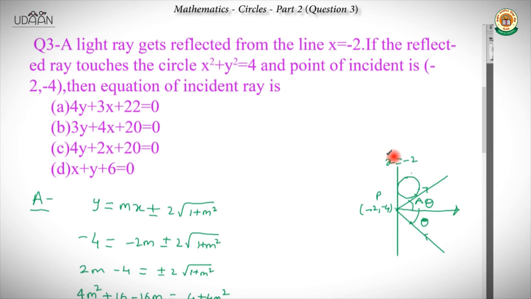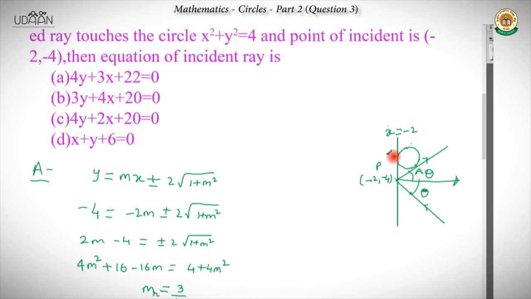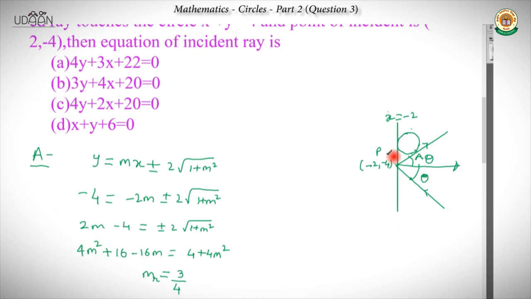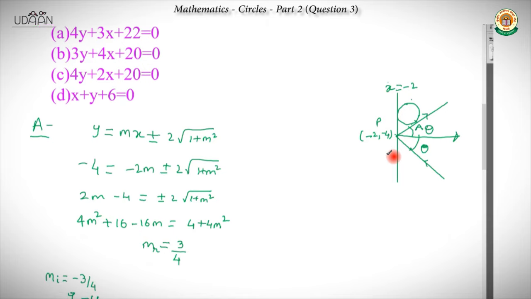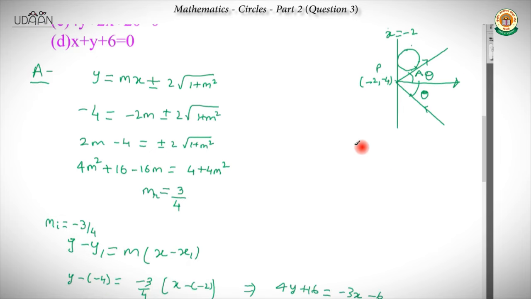So we knew the slope of the line, and basically the equation of the reflected ray. From that we derived the slope of the reflected ray, and then worked towards finding the slope of the incident ray, and then since we knew the point of intersection, we found the equation of the incident ray. Alright, so that was question number 3.